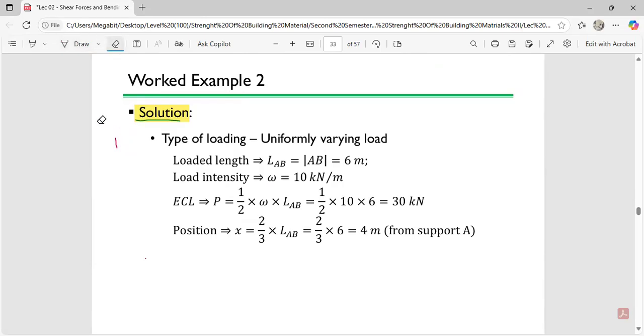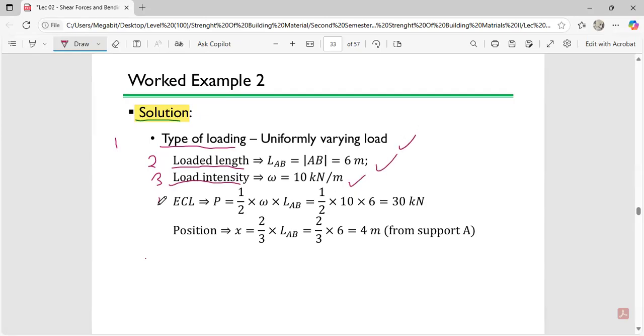You have to know the loaded length, and the loaded length over here is 6 meters. Then in our step three, what do we do? Load intensity. The load intensity is 10 kilonewton per meter.